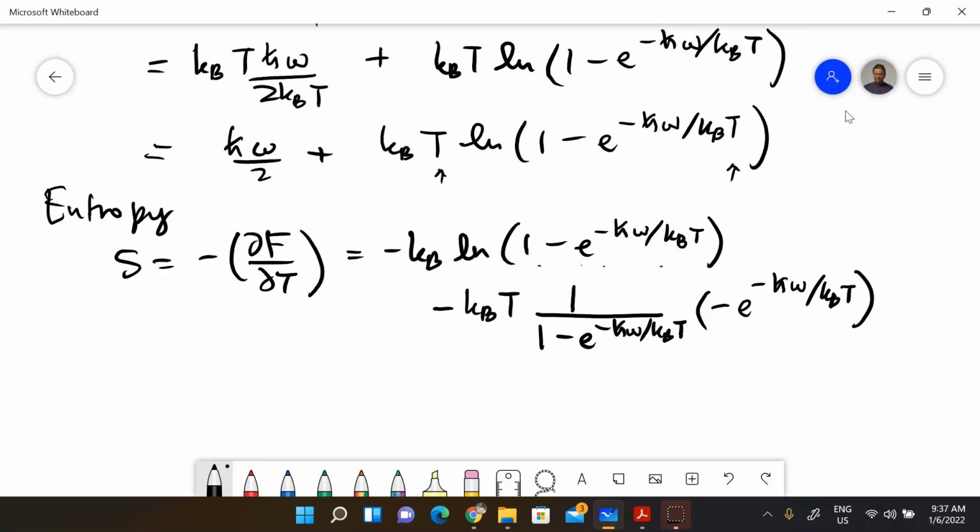This is also a function, so we need to differentiate it with respect to T, and that gives you the factor of h bar omega on kBT squared. So really there is a minus sign multiplied by a minus sign because you differentiate 1 over T. Okay, so that is the whole thing.